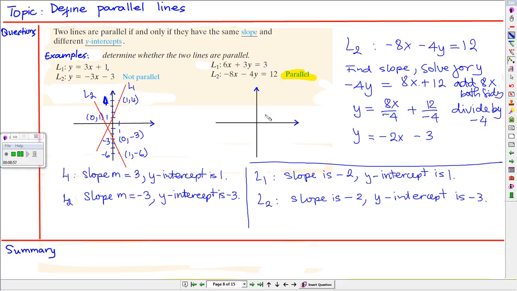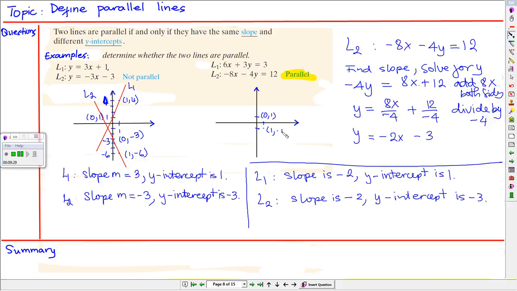Now if we want to make sure, we can go ahead and graph. I'm going to graph line 1 first. The y-intercept is 1, so this will be the point 0, 1. The slope is negative 2, so from this point I go down 2 units, 1, 2, and then go to the right by 1.